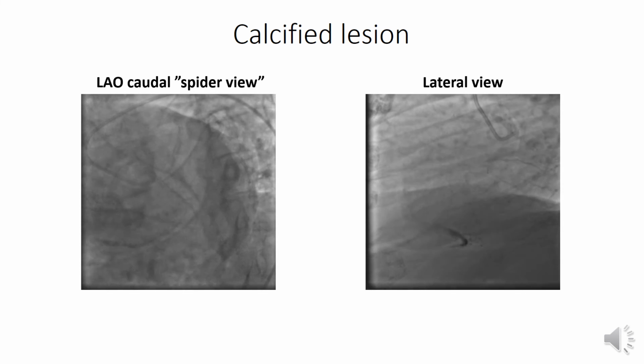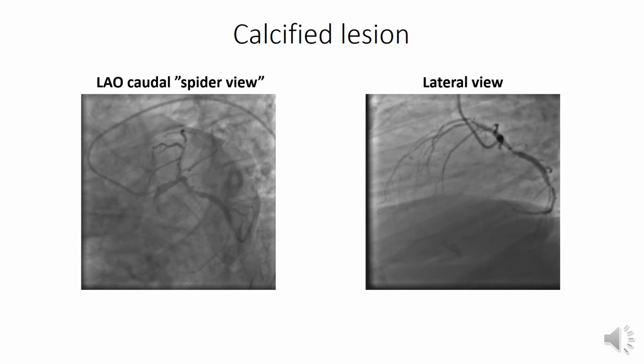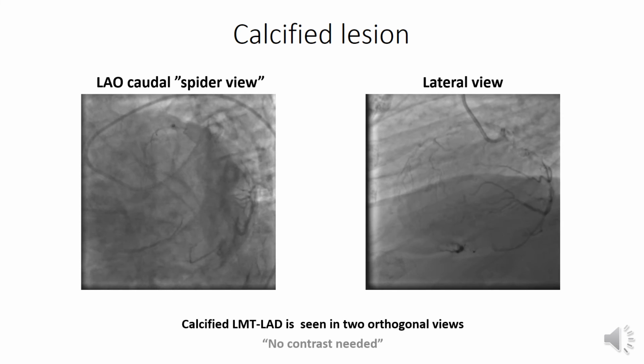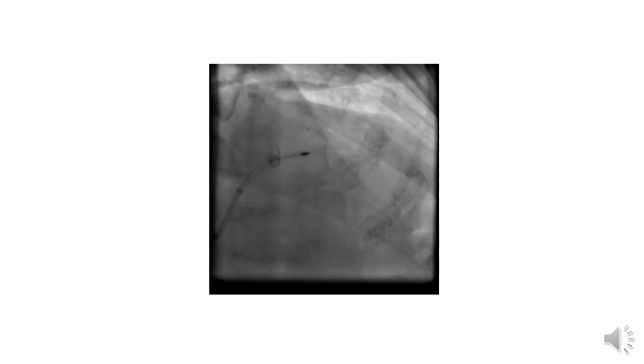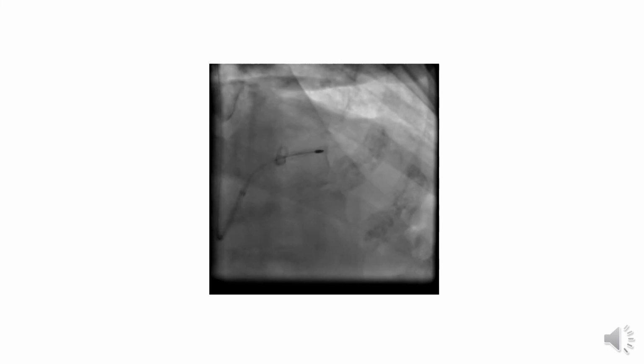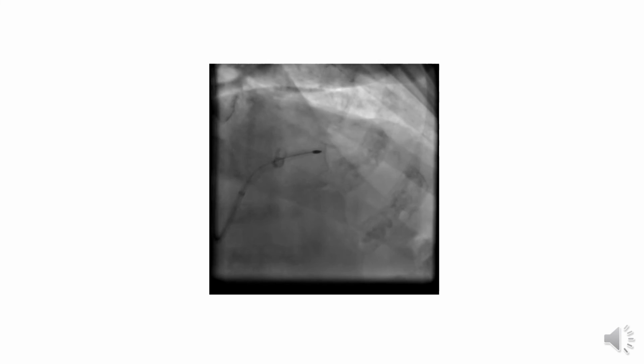This might mandate certain types of treatment, as we mentioned before, like rotablation in this case. And here, without dye, we can see the coronary artery, which is the LAD in this patient, without any contrast due to calcification, because calcium is like a bone. We can see it on X-ray without dye.